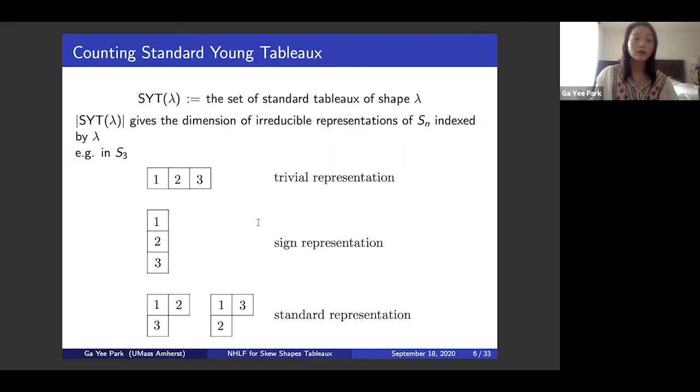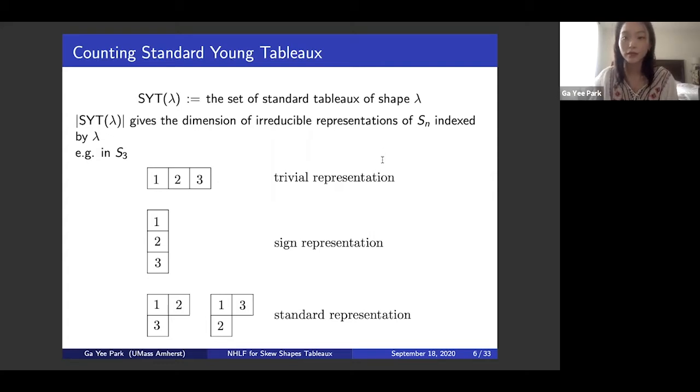We care about the number of standard Young tableaux because one of the reasons is that it gives the dimension of the irreducible representation of the symmetric group induced by lambda. So for example, in S3, there are 3 irreducible representations: the trivial representation, represented by partition 3, the sign representation by 1, 1, 1, and the standard representation by 2, 1.